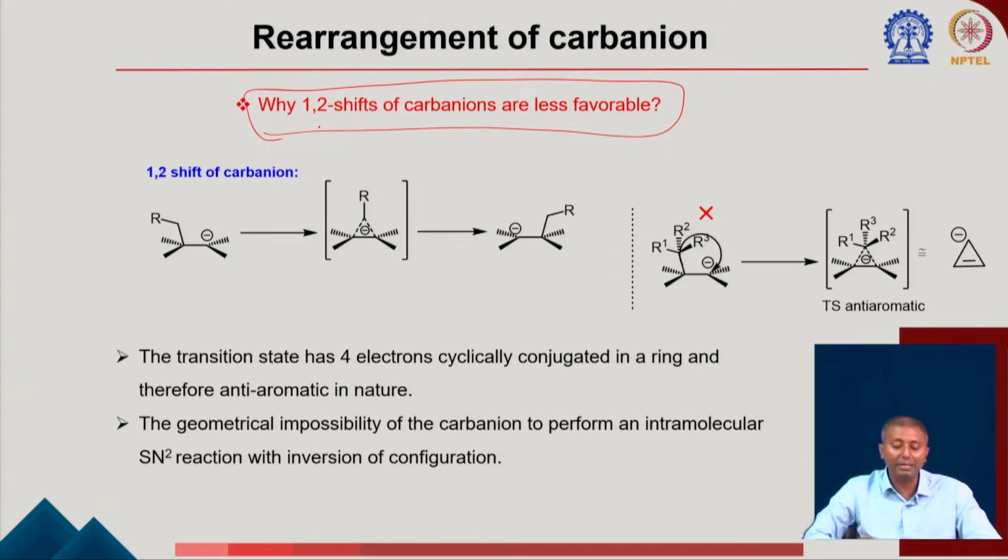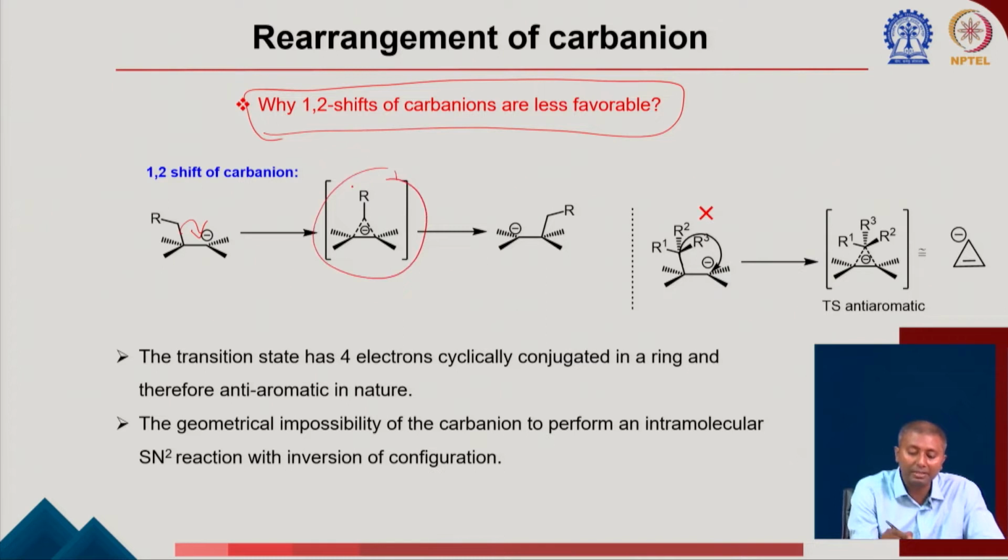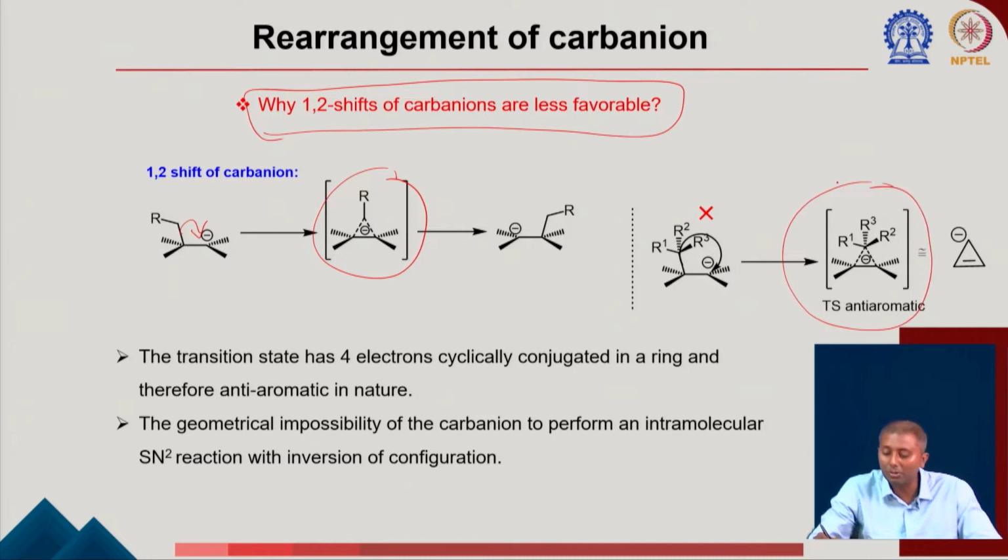Once you go for a 1,2 shift, you go through this transition state, and if we closely look at this transition state, there is some sort of a cyclopropane ring, cyclopropyl, and there is a carbanion. So what is happening here? This is actually generating an anti-aromatic transition state. As it is going through an anti-aromatic transition state, that's why this is less favorable.